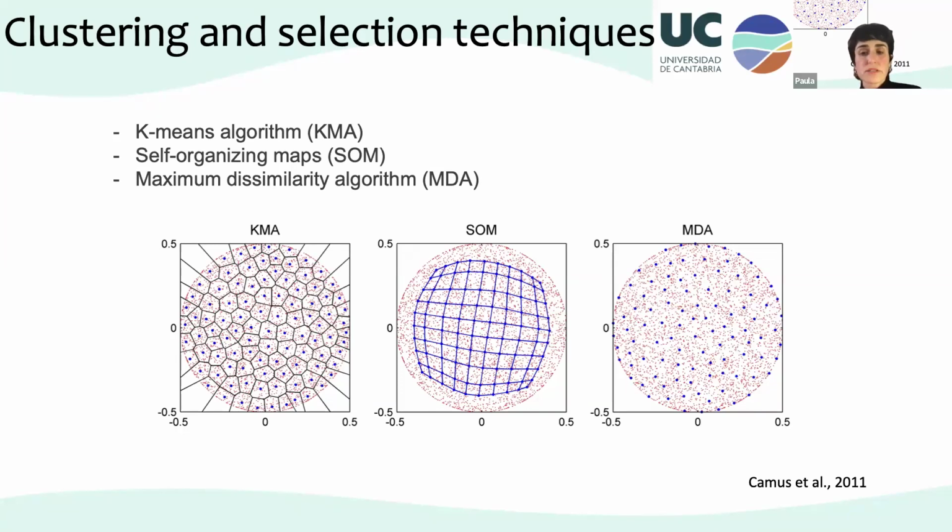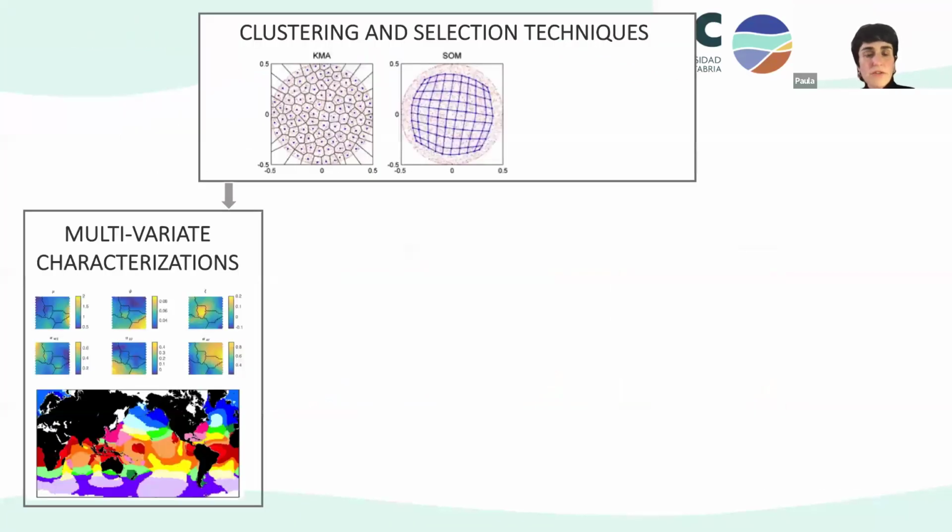And then we have the maximum dissimilarity algorithm that covers the borders very well, and also the extremes, which is very interesting for our applications. So starting with the first application, which is multivariate characterization, where we use K-means and SOM algorithms.